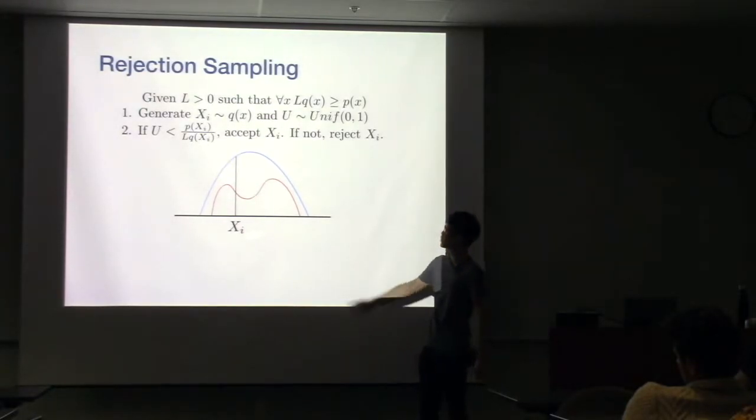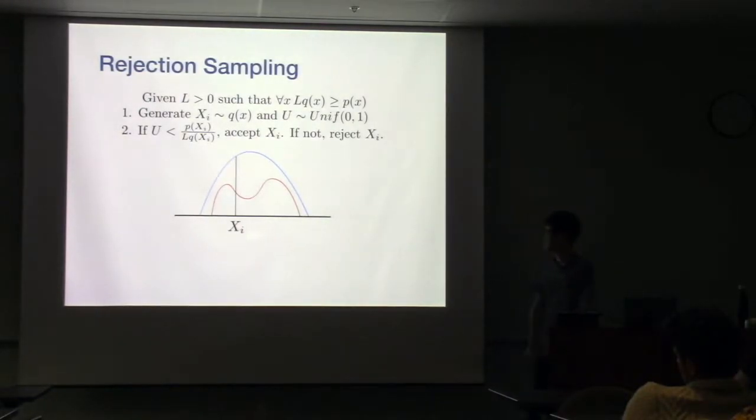That's basically a point on this line, so it's underneath LQ of xi, which is the blue curve. The condition is, if the point you sample, which is on that line, is underneath the red curve, then you accept it. If not, then you reject it.